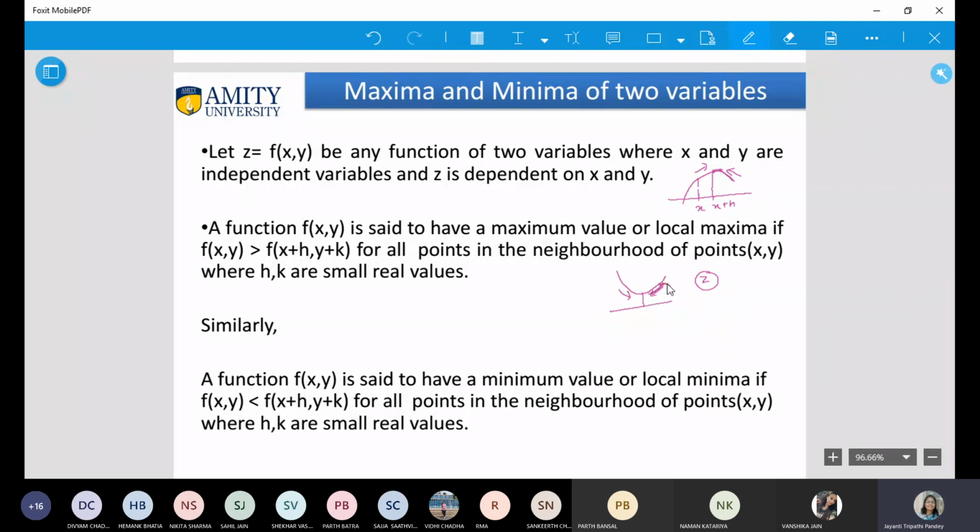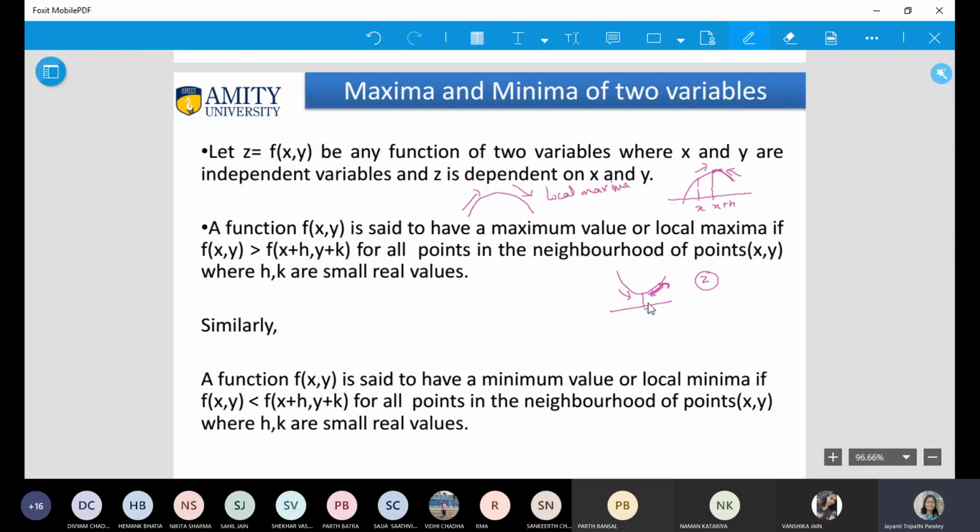Can you make out? This is decreasing function because value is coming down, and as you move from here to here, it is increasing function as z is increasing. So if from decreasing to increasing you are going, that is local minima. And if the situation is like this, that it is increasing and then decreasing, then it is local maxima.